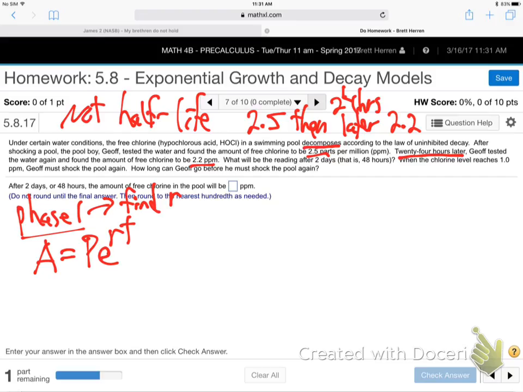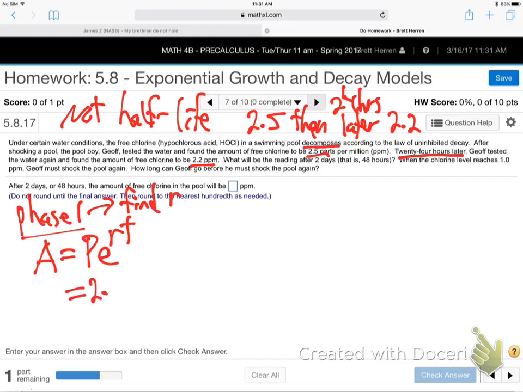That'll let me know something about the rate, how fast that chlorine is breaking down in the pool. So it started at 2.5. 24 hours later, it was down to 2.2. With that, I'll be able to find the rate, because that's showing you how fast it's breaking down, right? So what was the P, the initial amount?